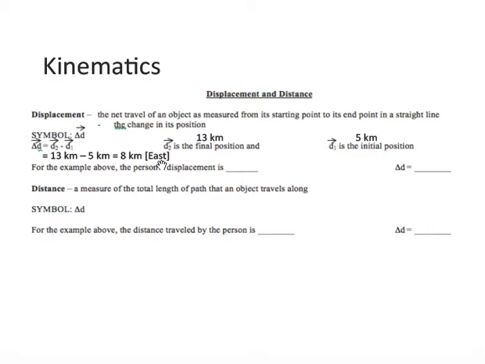Notice displacement once again has this arrowhead, and that means it's a vector. And so for the above example, the person's displacement is 8 kilometers east, or delta d, and the arrowhead is missing here, so please add it, equals 8 kilometers east.